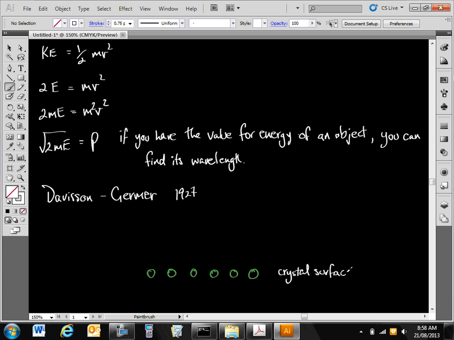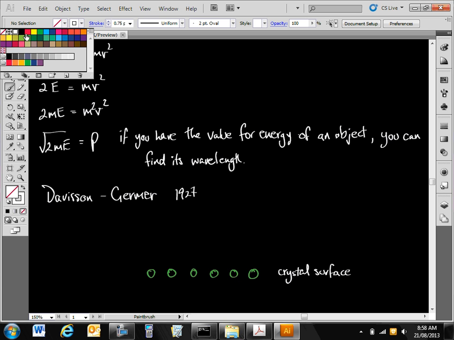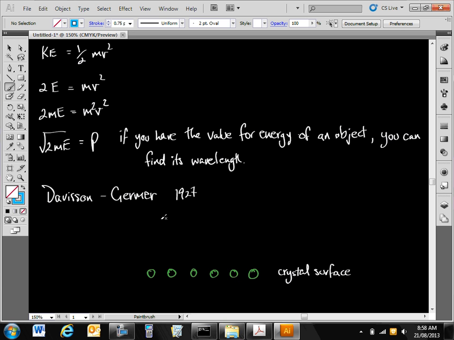So these are the surface atoms, and I might fire electrons at it. Well, this is what Davisson and Germer did. They fired electrons at it, and I'm drawing one electron, but of course they fired lots and lots of them using an electron gun.